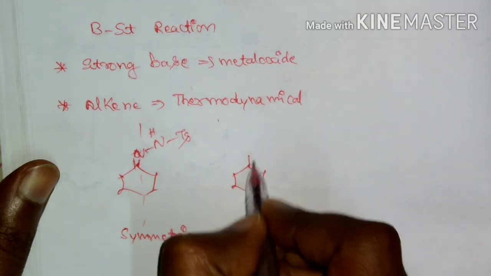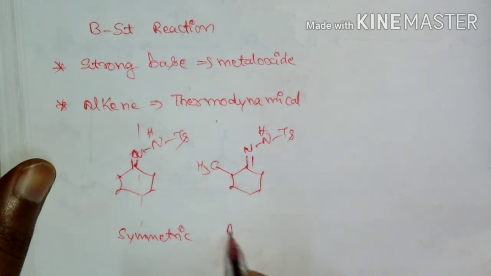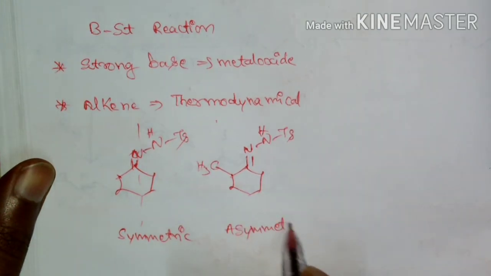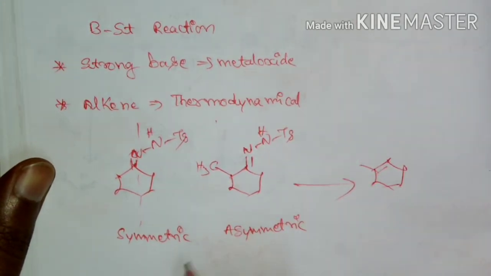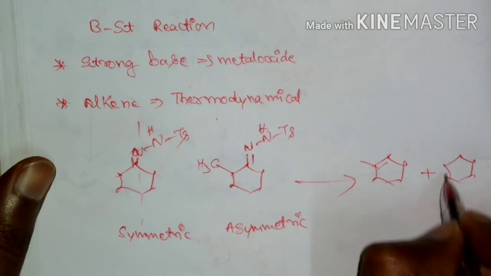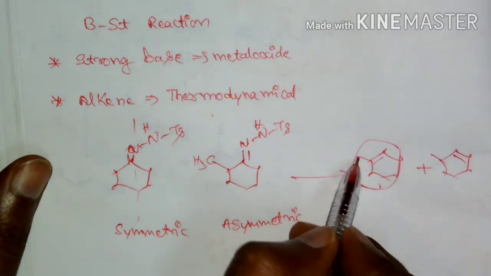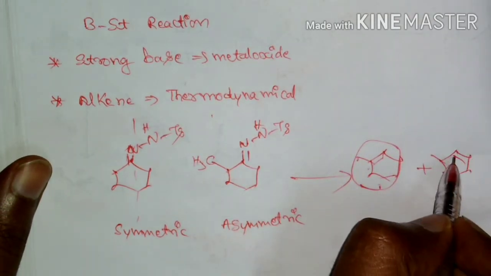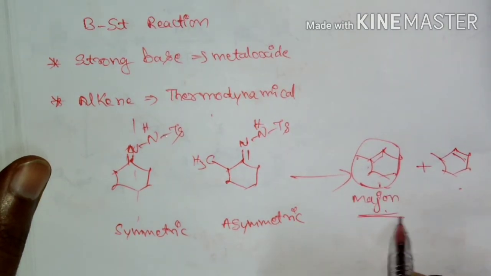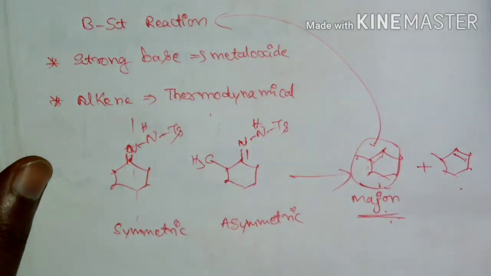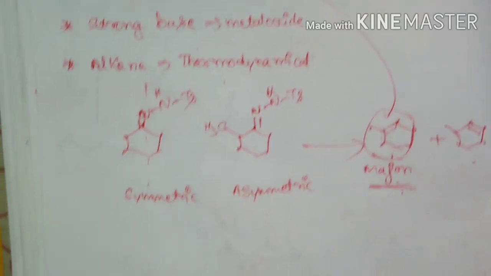But if the tosyl hydrazone is asymmetric, then there is a possibility of getting this alkene as well as this alkene. So this is the more substituted trisubstituted alkene, but here it is disubstituted. So in this case, this is the major product formed if it is Bamford-Stevens reaction. So these two are the important things you need to remember.